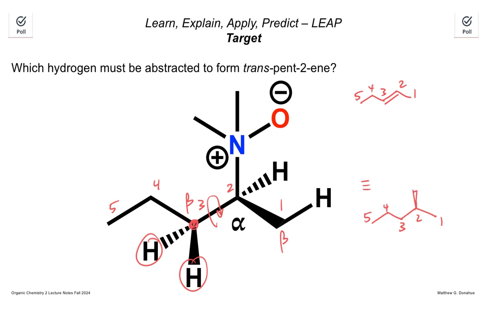That's going to make this nitrogen come out. Then we have to look at H, and we see that the front hydrogen here is on the same face of that N-oxide. So when this nitrogen oxygen bond is on the same face as that hydrogen, the elimination will happen to give you the trans or E geometry.